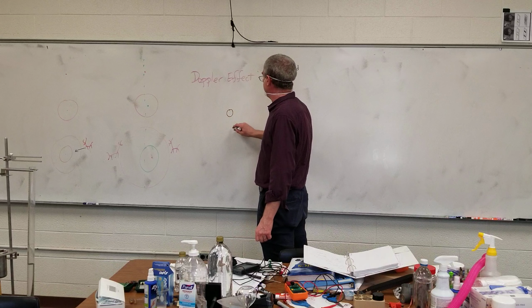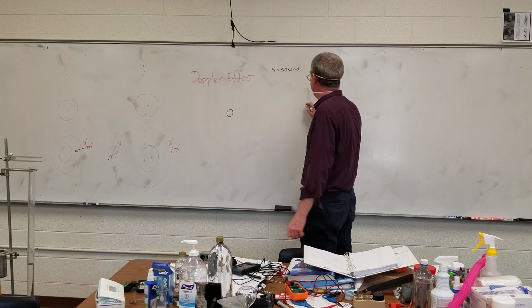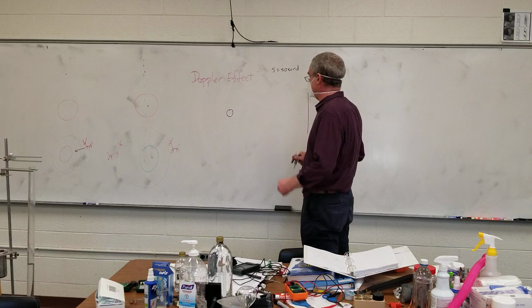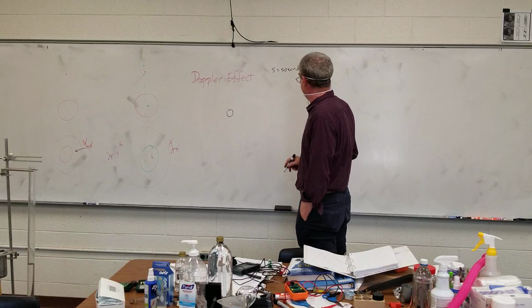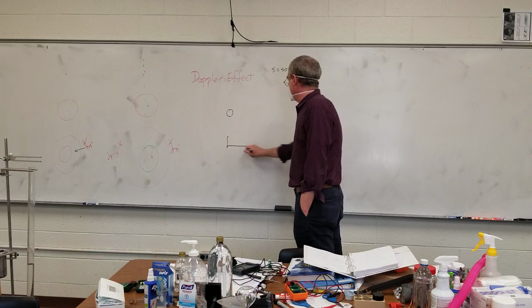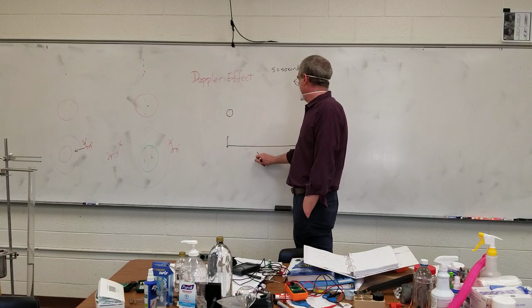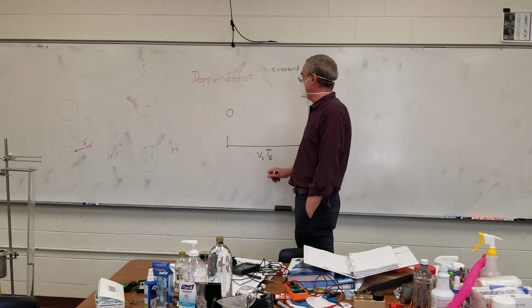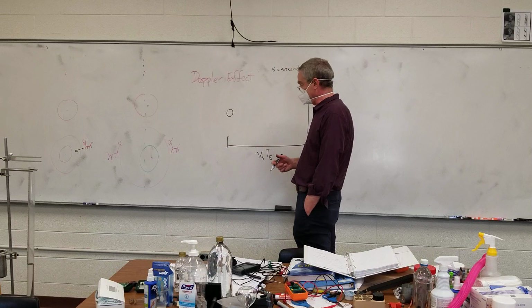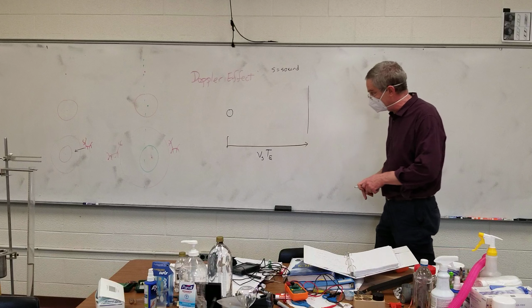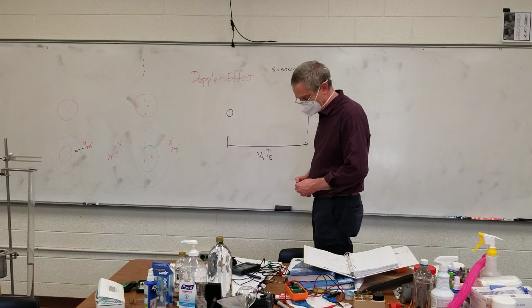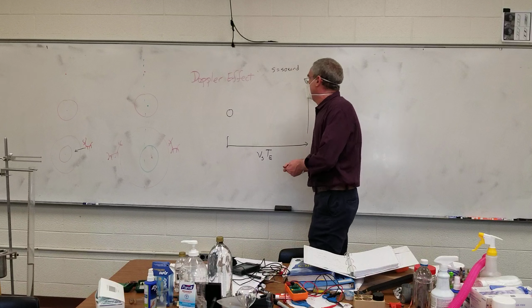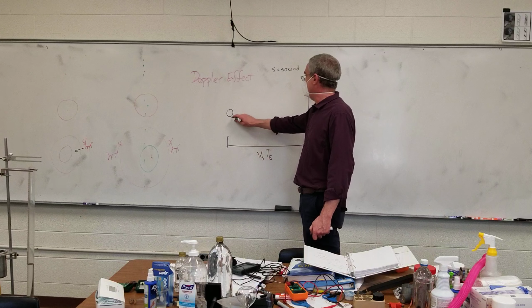So the emitter gives off sound, and that first sound wave is, we'll just say here, by the time the second wave is being sent. This distance here is the speed of sound times the amount of time it takes for the emitter to give off the sound. It's going to give off the next sound.